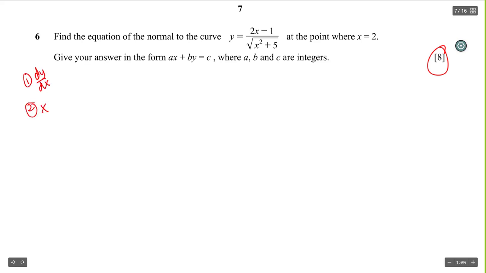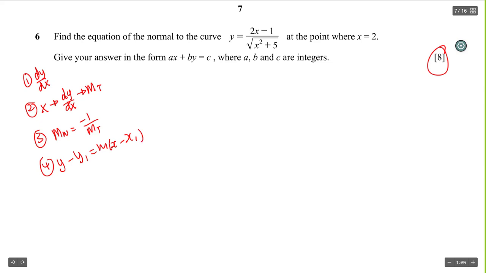Step 2, sub x value into dy dx. Step 3, this will give you the gradient of tangent. Find gradient of normal by negative 1 over gradient of tangent. Step 4, form the equation. Just follow these steps to get your equation of normal. Then after that, leave your answer in this pattern. You can easily get the 8 marks here.